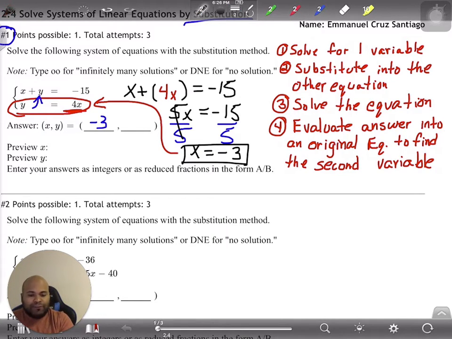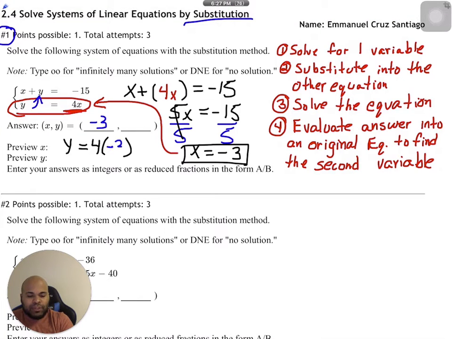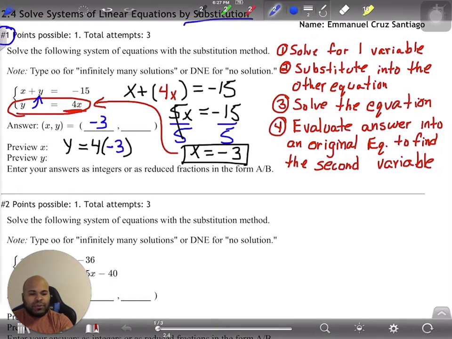So all I have to do is plug in x. Y equals 4, but instead of writing x, I open parentheses, and I write down what x equals, which is negative 3, and that definitely equals 4 times negative 3, which is negative 12. So my answer is negative 12. I hope that makes sense. Negative 3 comma negative 12.